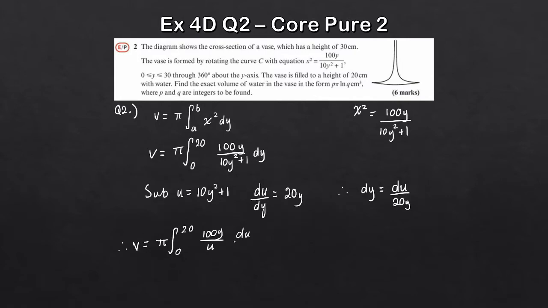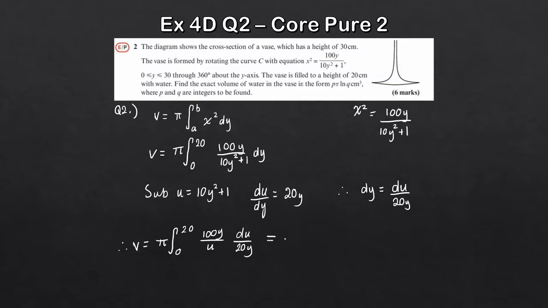Okay, so we're just transforming the variable that we're integrating with respect to here. Like so. 100y divided by 20y, that's just going to leave me with 5 over u du. Okay, so we can pull that 5 out to the front.